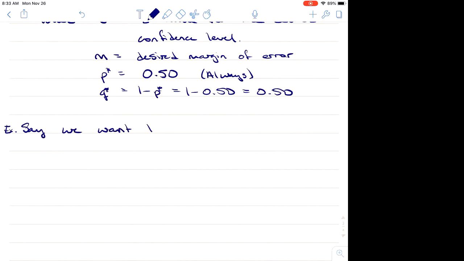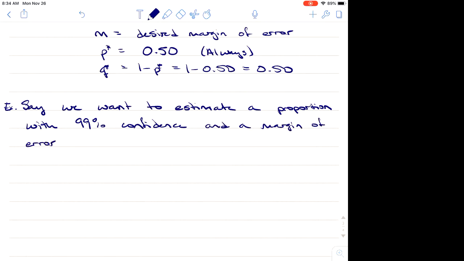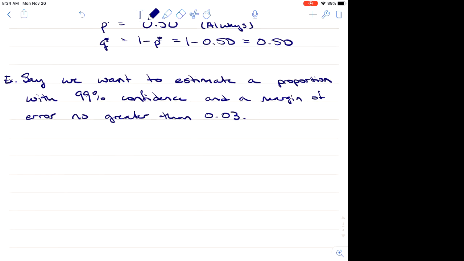Say we want to estimate a proportion with 99% confidence and a margin of error no greater than 0.03. What sample size will we need?